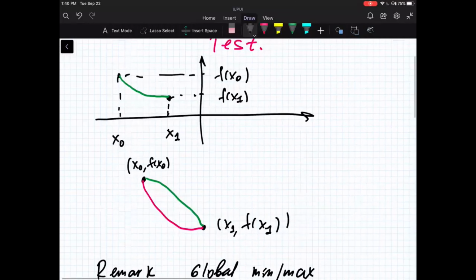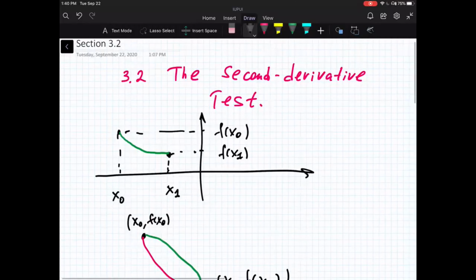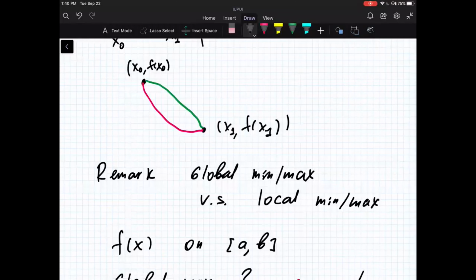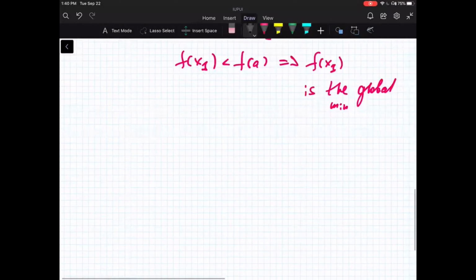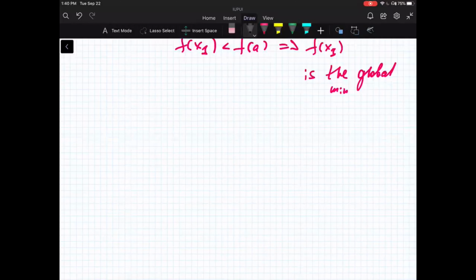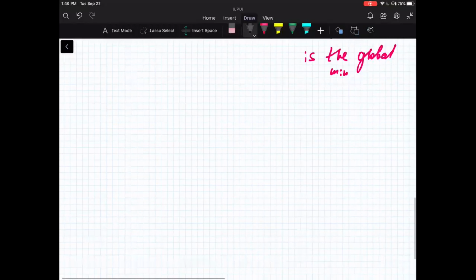Maybe I should put this remark before section 3.2, but maybe I'll fix it. Nevertheless, let's speak about the second derivative test, and let's think a little bit. So suppose we have a function f of x.